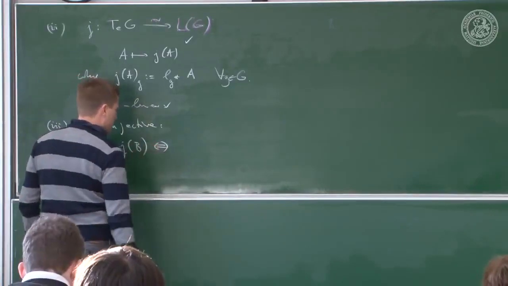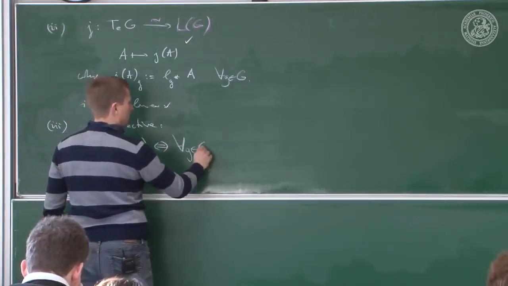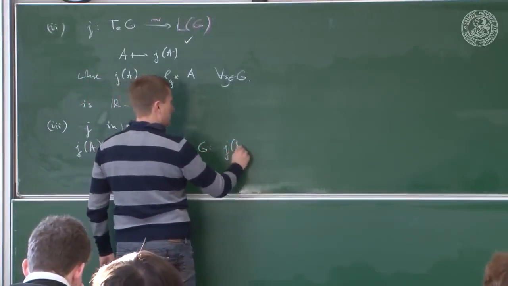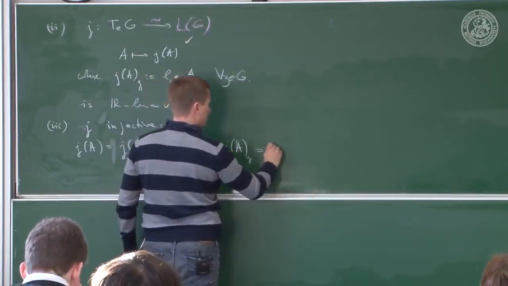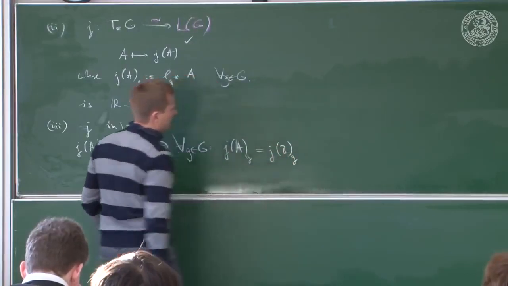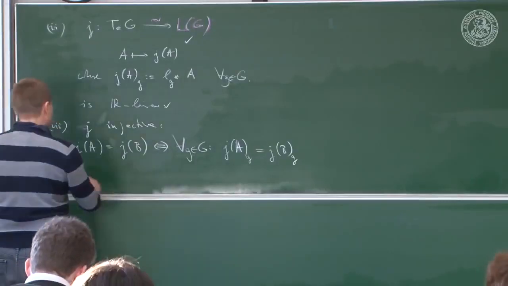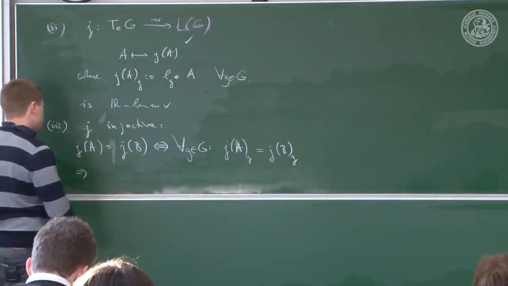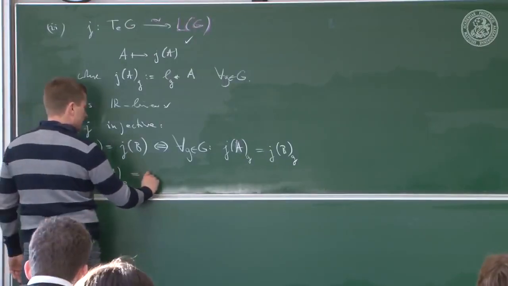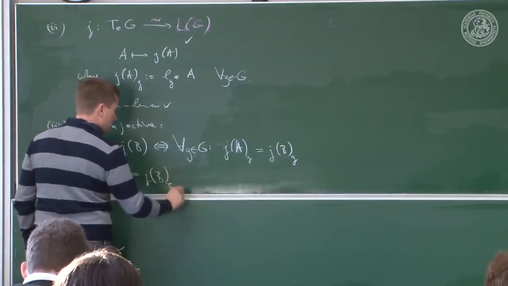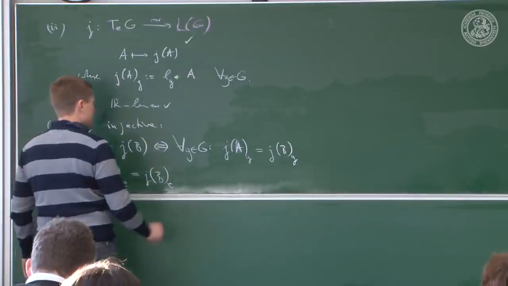Let me do this in steps. This is an equation of vector fields. Now that means that at every point of the manifold, evaluating the vector field J of A at point G must yield the same result as evaluating that vector field J of B at G. That's clear. But now it follows, and that's enough, that J of A certainly also at the identity is the J of B at the identity. If it's true everywhere, it's in particular true at the identity.